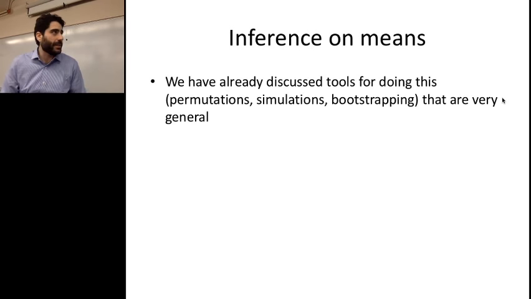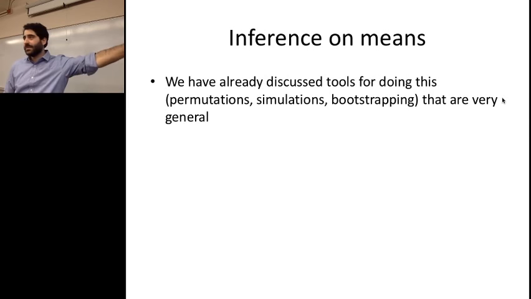So we've already talked about ways to do this, right? And so the ways we've talked about so far are basically kind of simulation based, right? So we could generate samples from a null hypothesis, for example, either through explicit simulation or through permuting our data set. We could also try to generate confidence intervals through bootstrapping procedures, which again is a type of randomization.